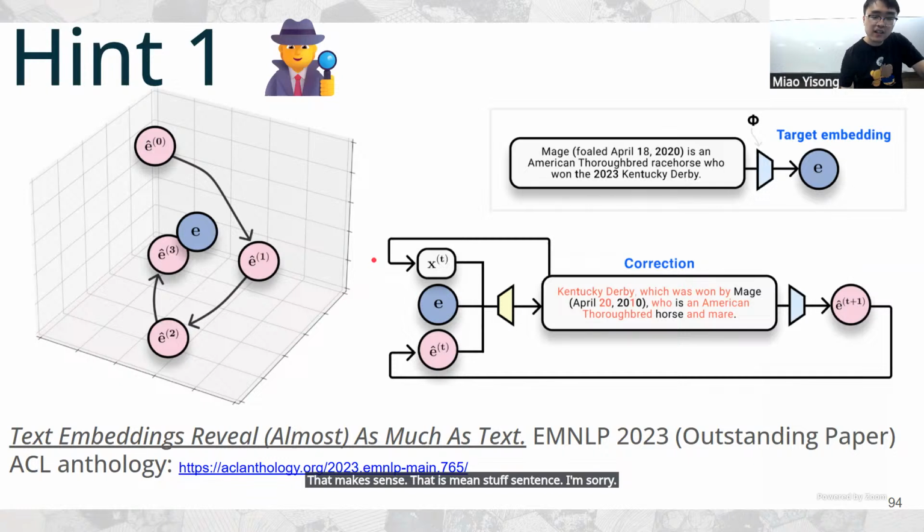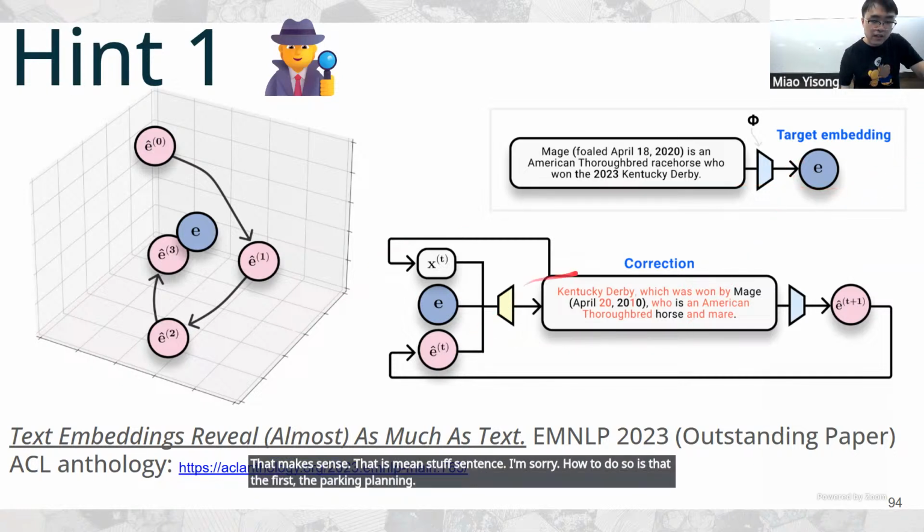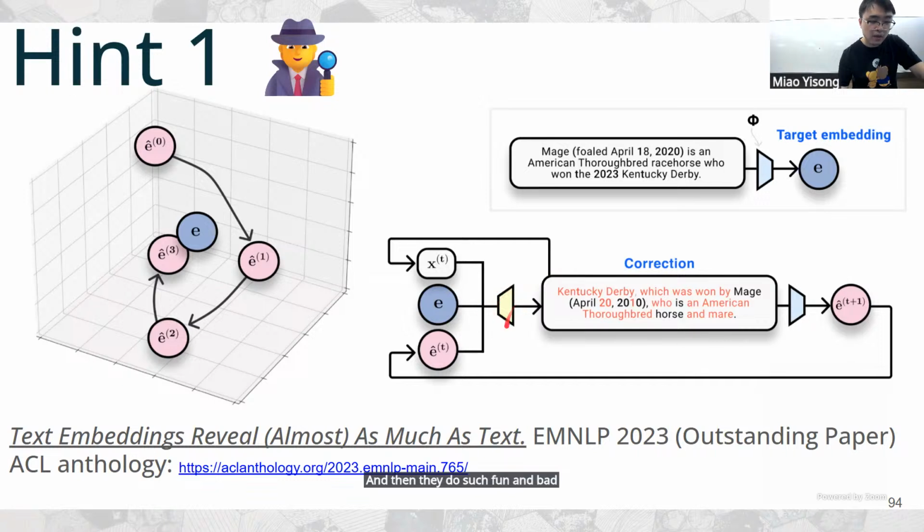How they do so is that they first have the proper embedding, then they apply an unembed function, denoted by this small yellow function, to get a string of text. Then we embed it again into another representation, and do it iteratively. Finally, the embedding will approach the original target embedding, and the byproduct is that the text in the sentence embedding is recovered almost correctly. So the takeaway is that sentence embedding means the sentence.